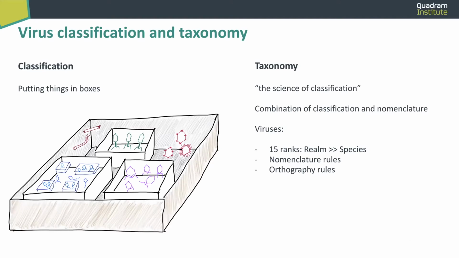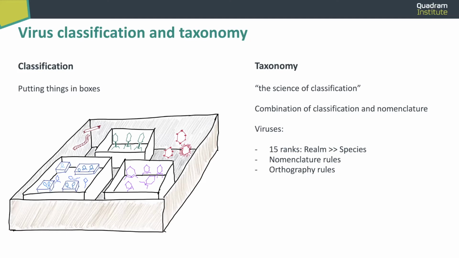That being said, it's actually all about putting things in boxes. So classification is putting things in boxes, and then when you come to taxonomy, it's the science behind it, but it also includes nomenclature. And currently for viruses, we have 15 ranks or 15 boxes in which we can classify, from realm down to species, which is the most narrow definition.